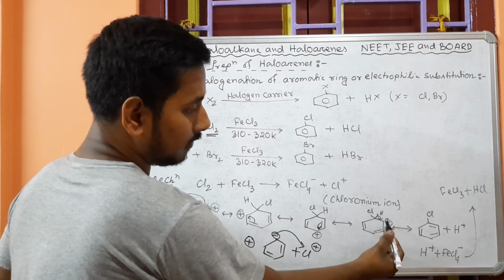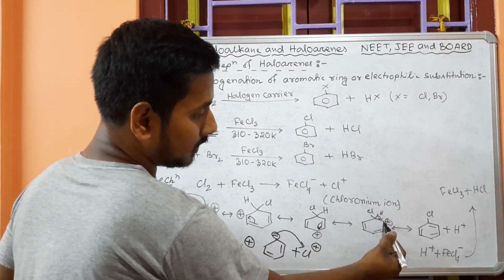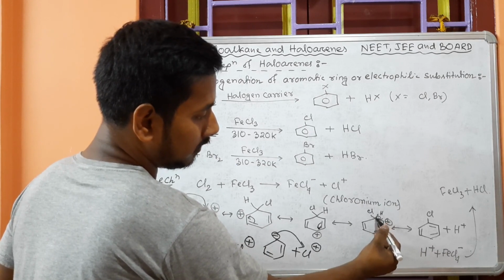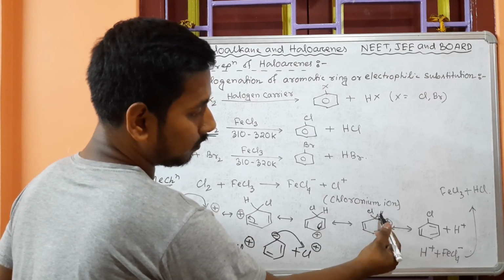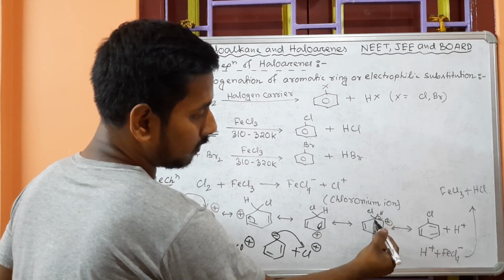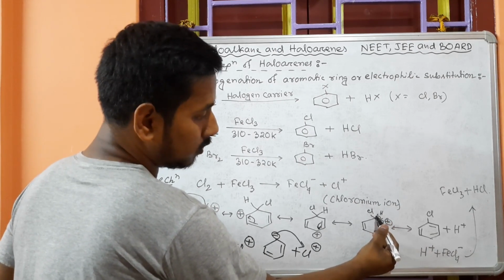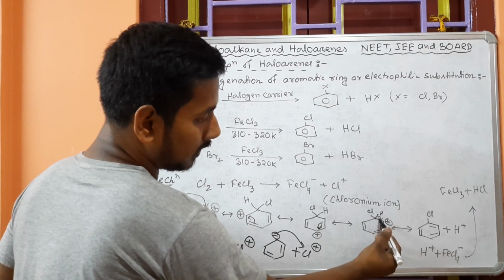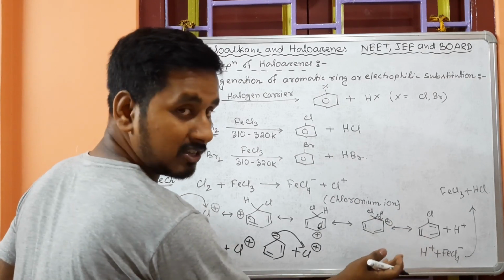After the positive charge comes here, in this bond you have two electrons, one from hydrogen and one from carbon. These two electrons come to the carbon, and hydrogen leaves as H plus.